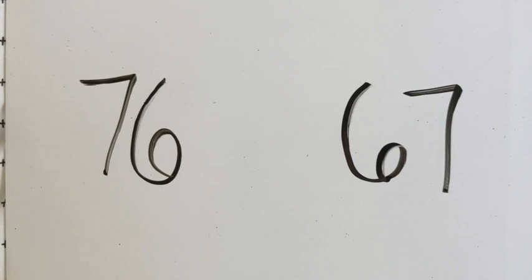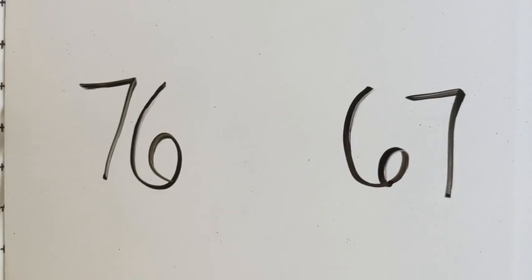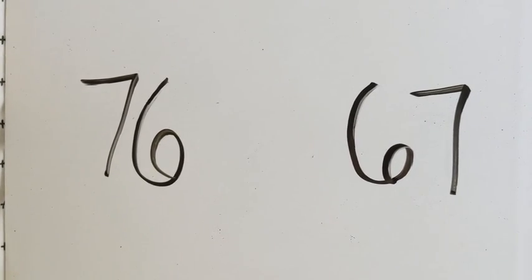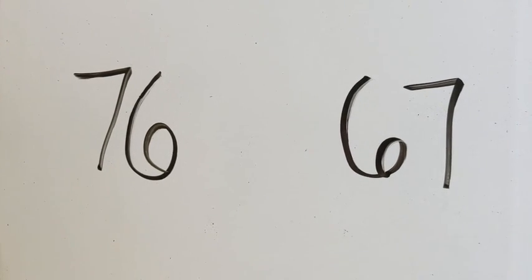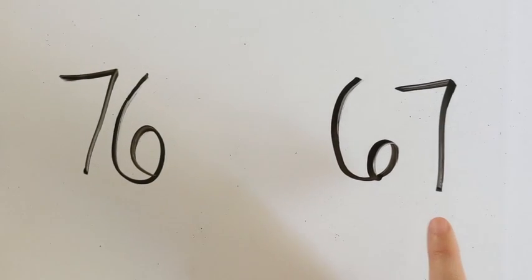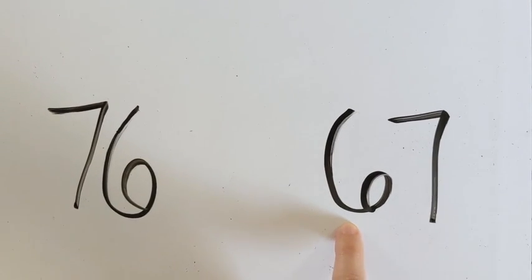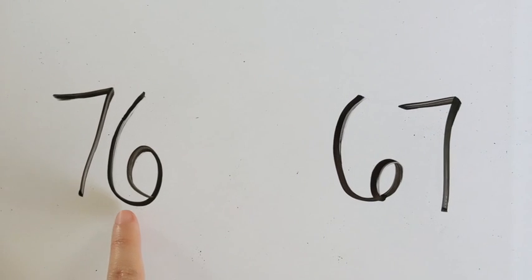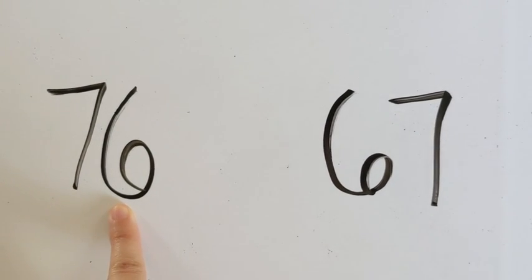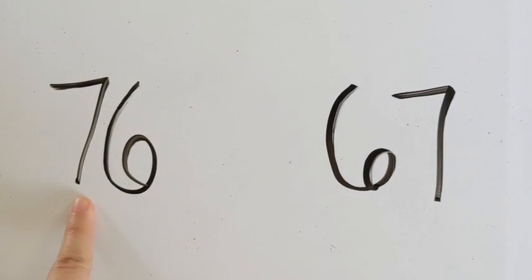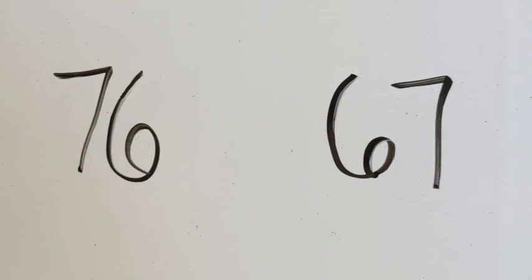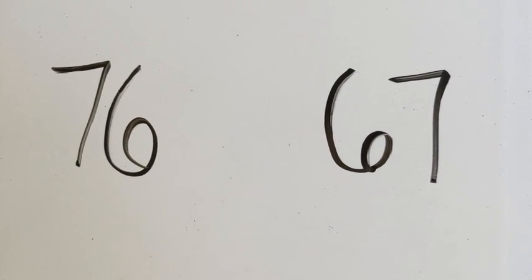Which one is greater than and which number is less than? They look pretty similar to me. This one has a bigger ones place and a smaller tens place. This number has a smaller ones place and a greater tens place. Which one is more?